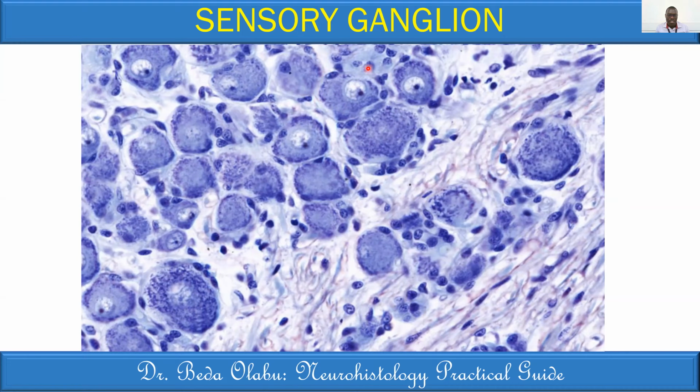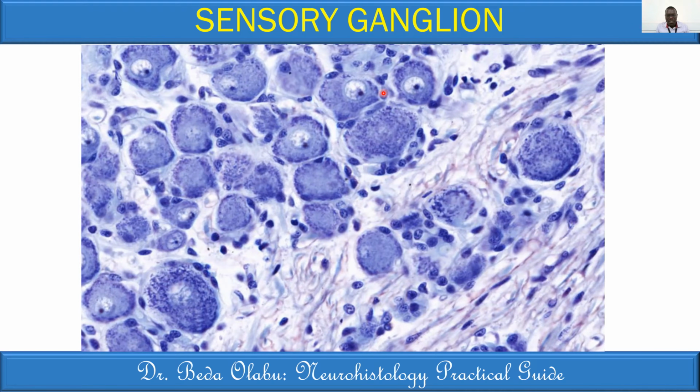They provide support to the cell bodies of sensory neurons. So those are the primary cell types of a sensory ganglion: the cell bodies of pseudounipolar neurons and the satellite cells that surround them.